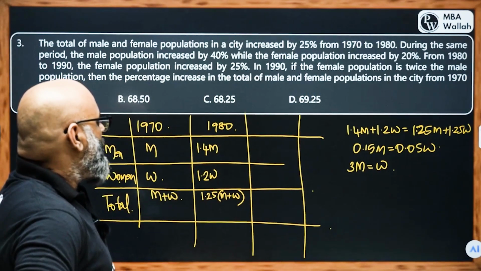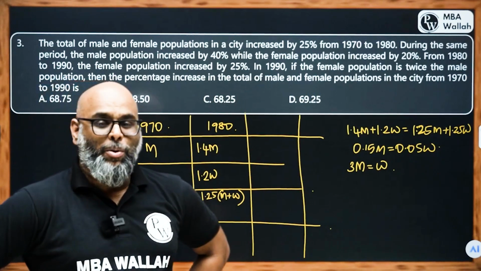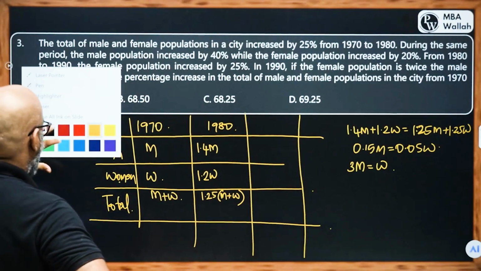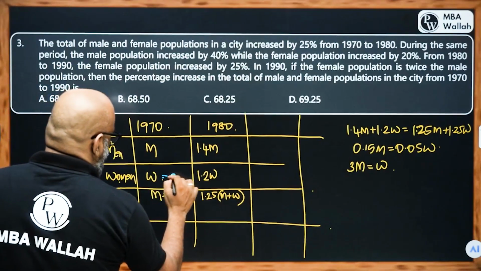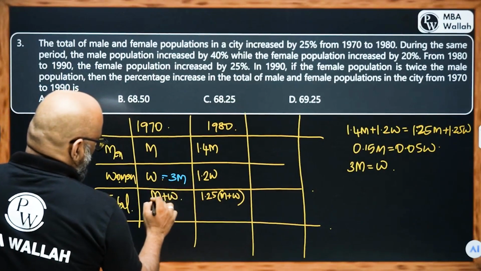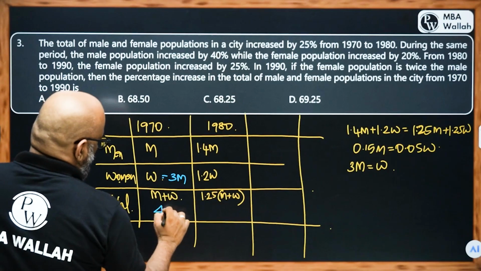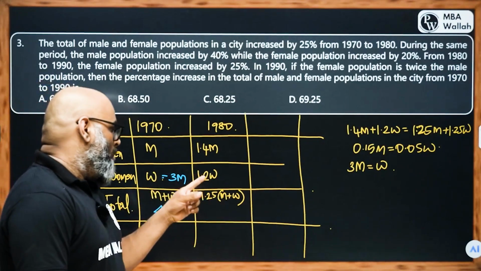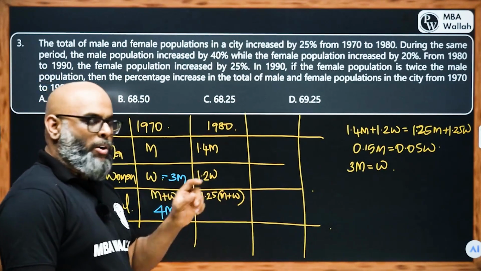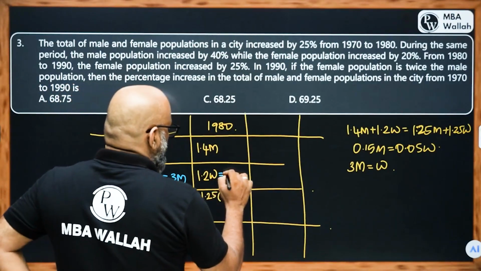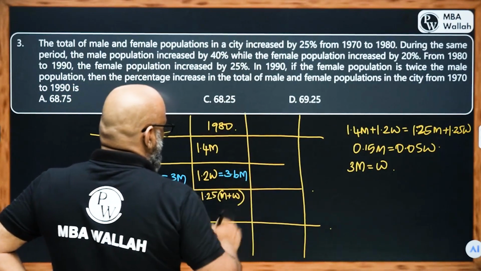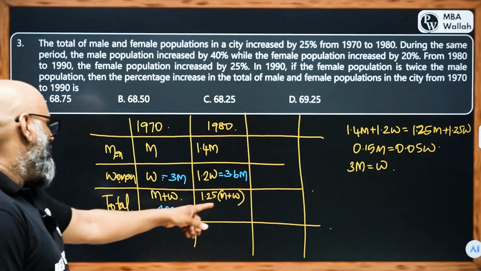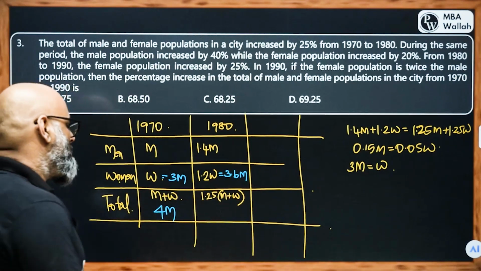So wherever I have W, I can rewrite that as 3 M. If this is 3 M, M plus 3 M will become 4 M here. W will become 3 M, so 1.2 into 3 will become 3.6 M. I can also use this over here, so 4 M into 1.25.